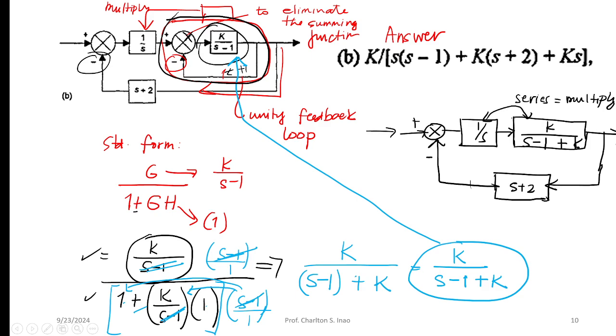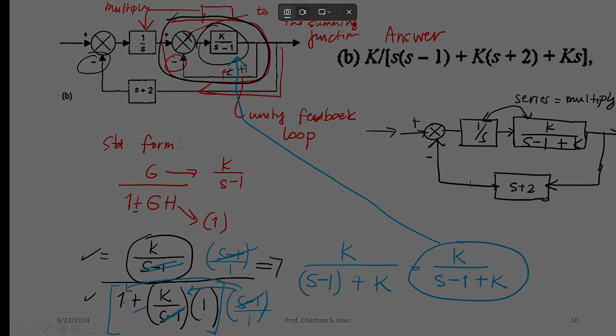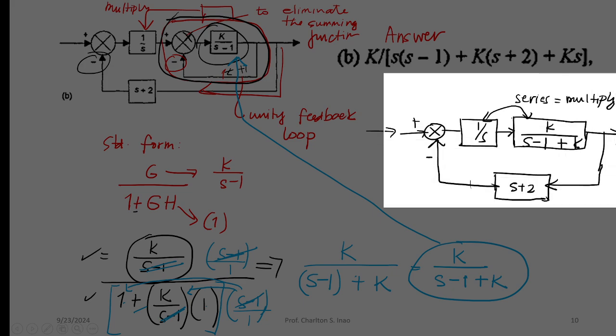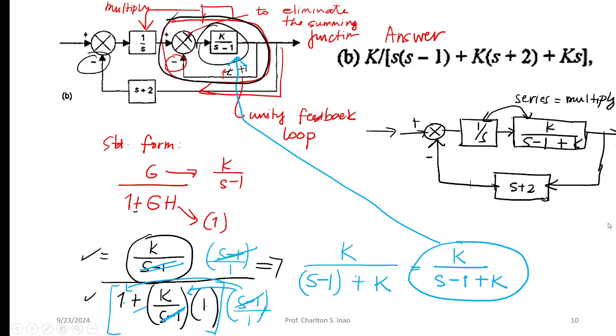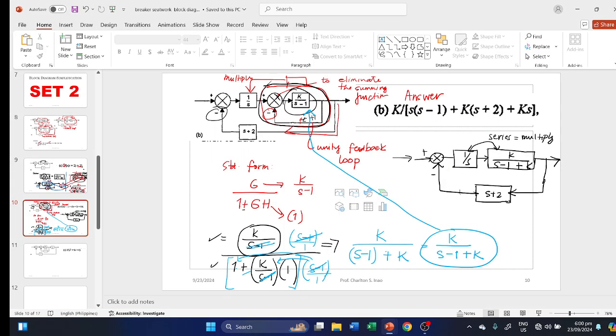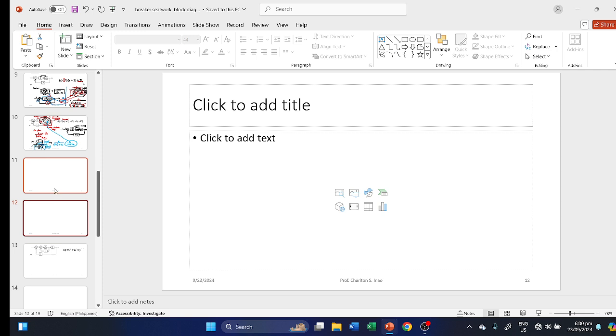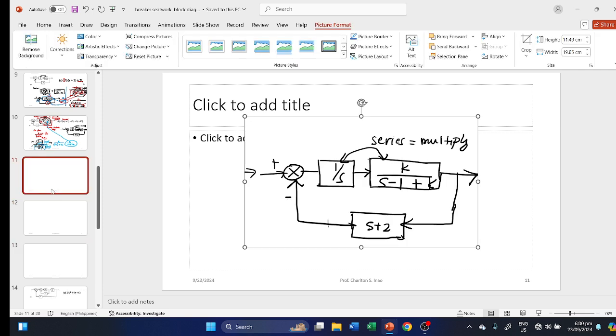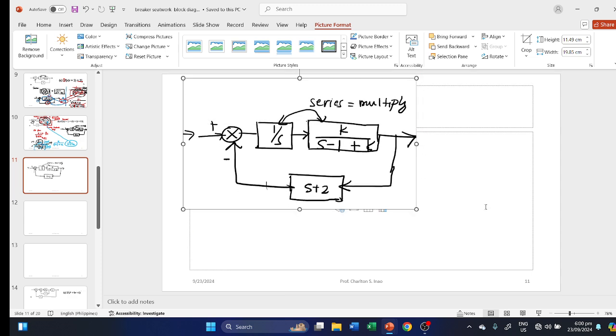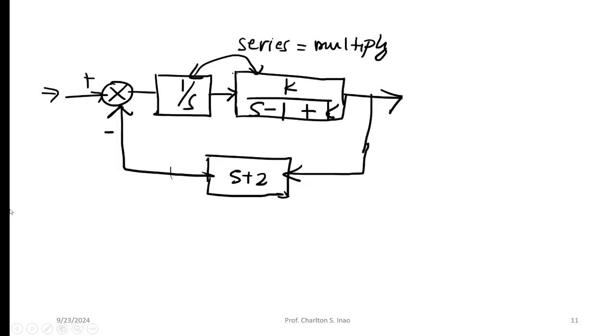So let us do that. Let me copy this so that we are not going to rewrite the whole thing again. Okay, so we're gonna put it here.